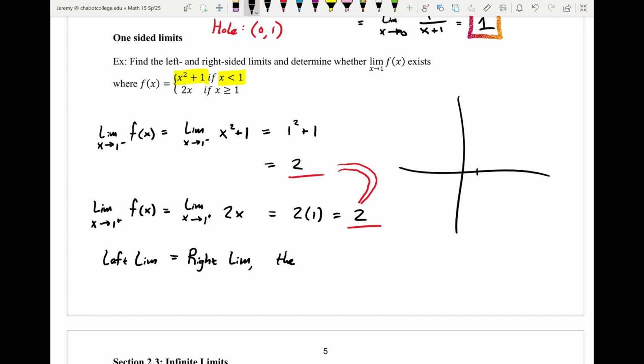Therefore, the two-sided limit exists. So the limit as x approaches 1 of f of x. I'm not putting a plus or minus sign up here because I'm talking about the two-sided limit. This exists and it is equal to positive 2.